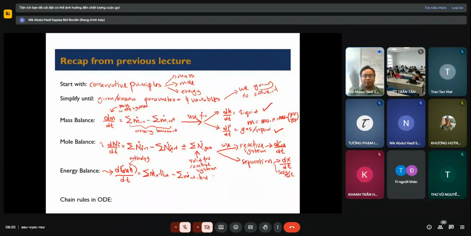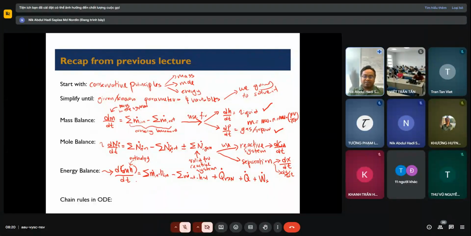And if we have a reactive system, we need to include the heat of reaction. And if we are supplying heat, we also need to add the term Q. And when we have work supplied to our system, we also use the term W. So now this part is all in rate form.